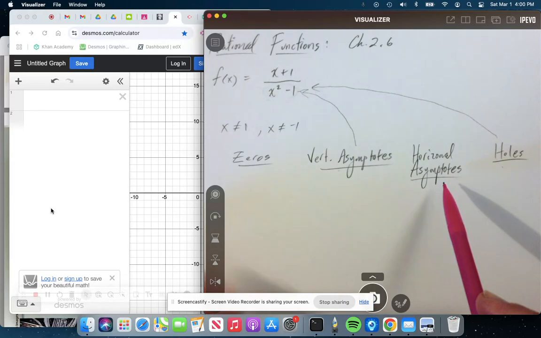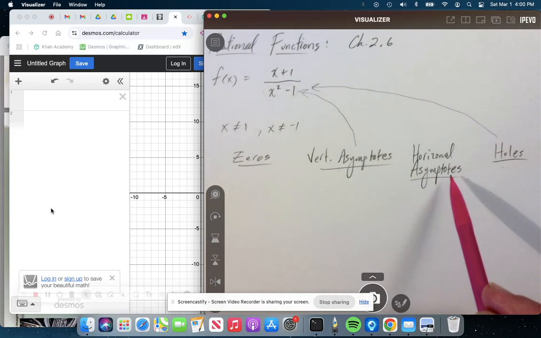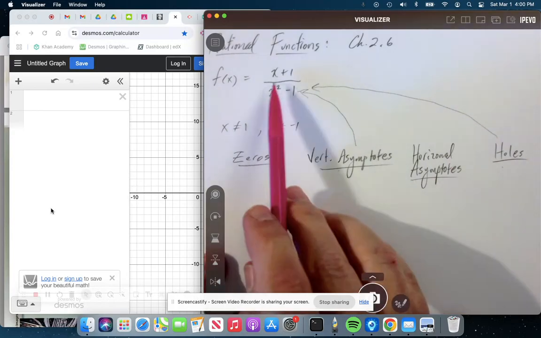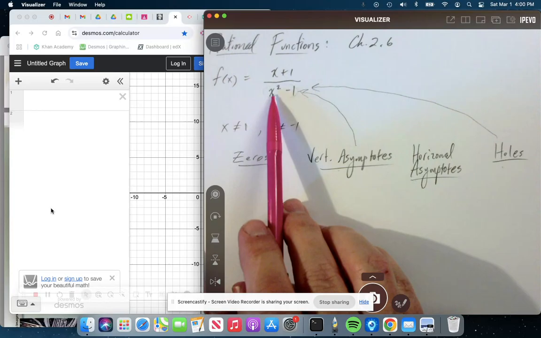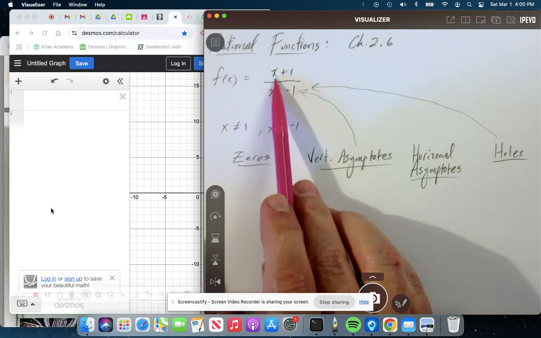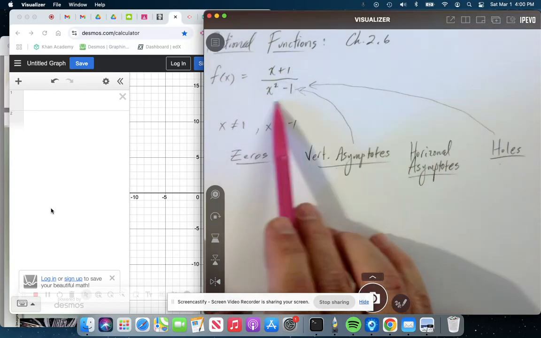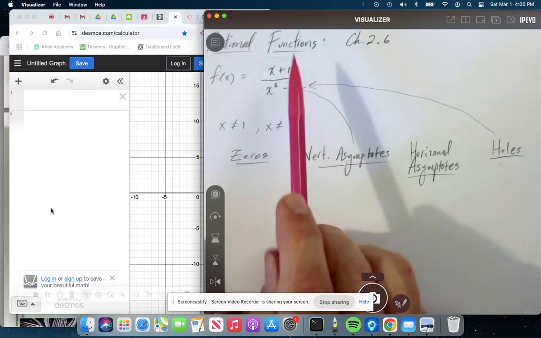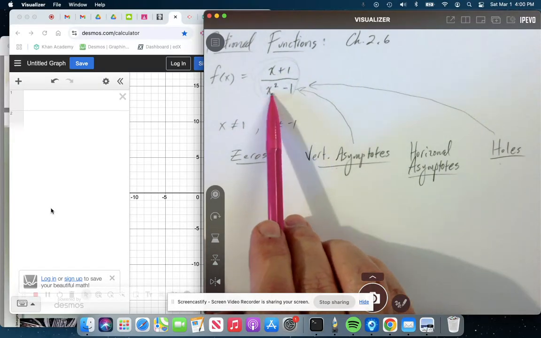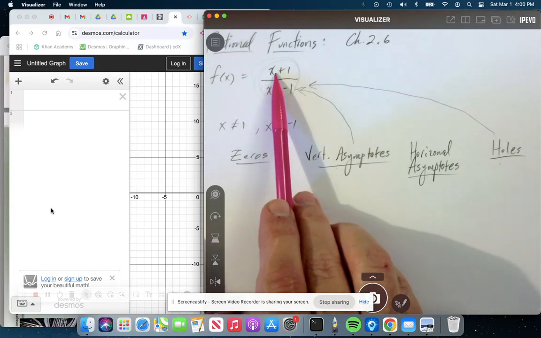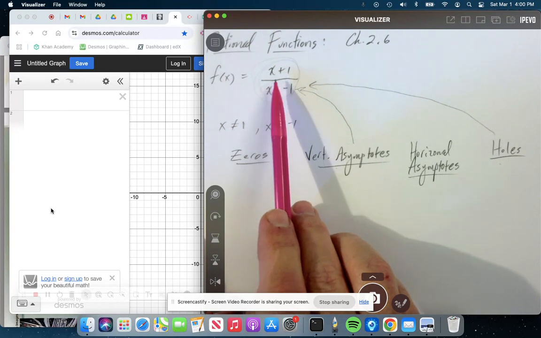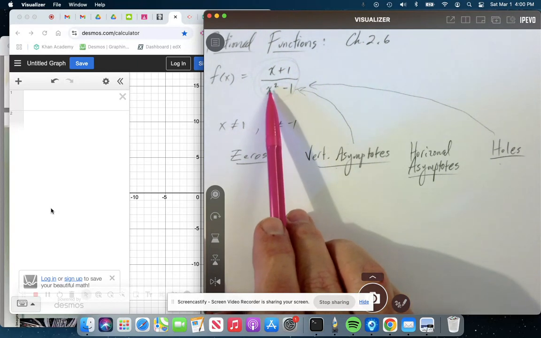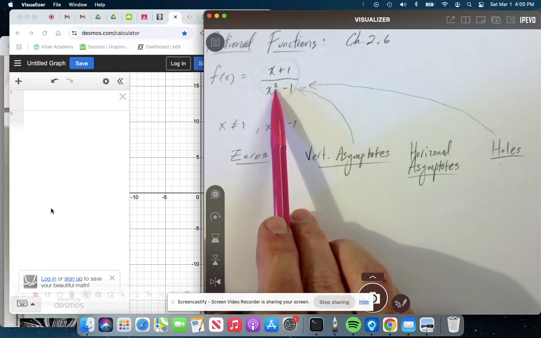Horizontal asymptotes involve what happens when x gets very, very large, right? So as x approaches positive infinity, what happens to the value of the fraction? Because the denominator is x squared, and in the numerator x is not squared, that means as x gets large, the bottom of the fraction is going to grow at a much greater rate than the top, right?